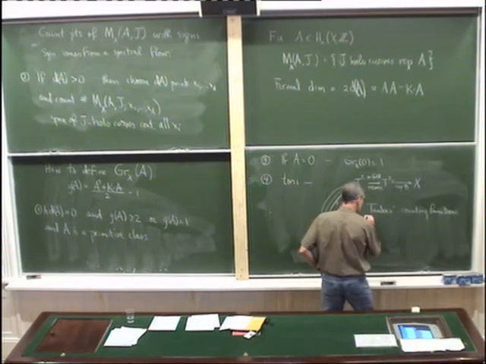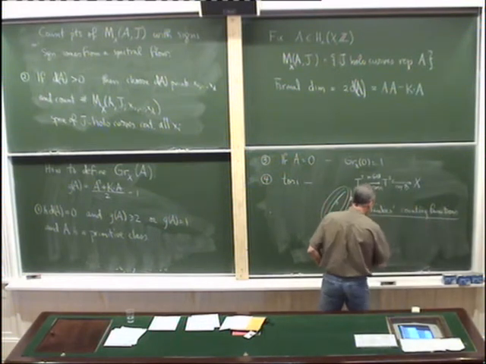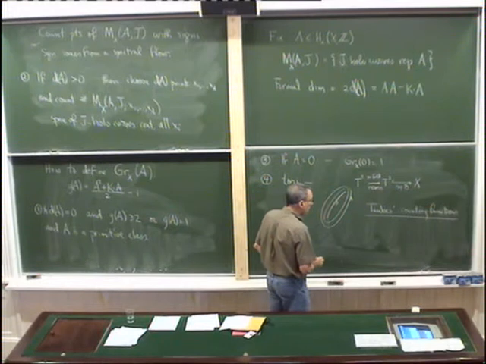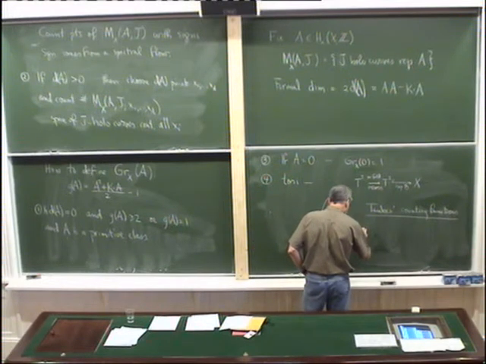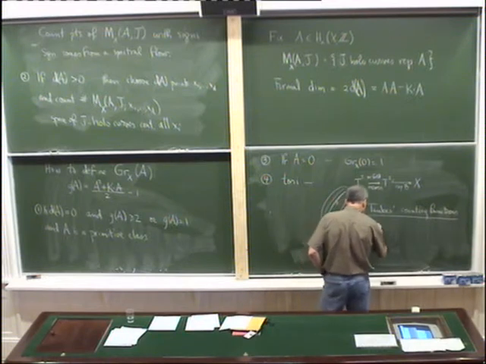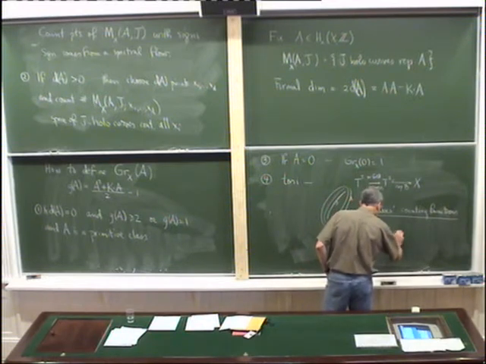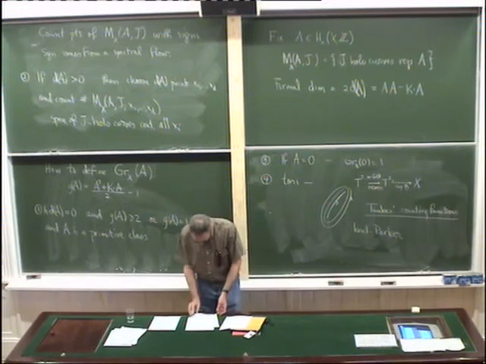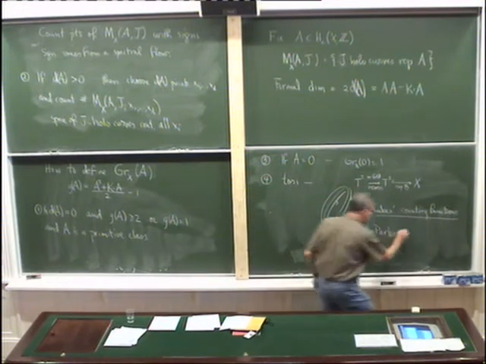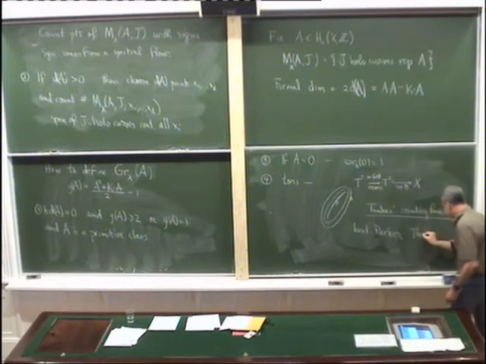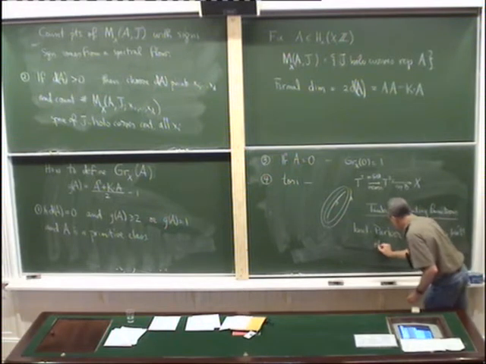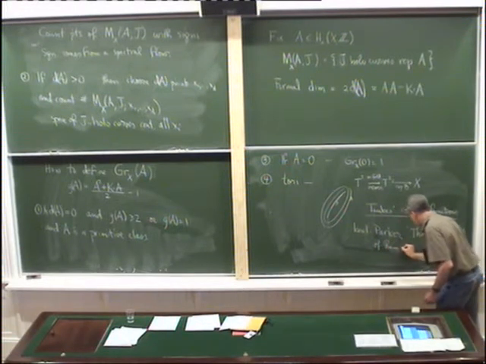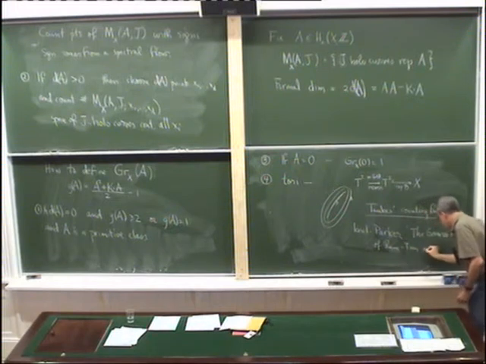Taubes's papers are one place to look for this. Another place where this is beautifully described is in a paper of Ionel and Parker, called The Gromov Invariants of Ruan, Tian, and Taubes.